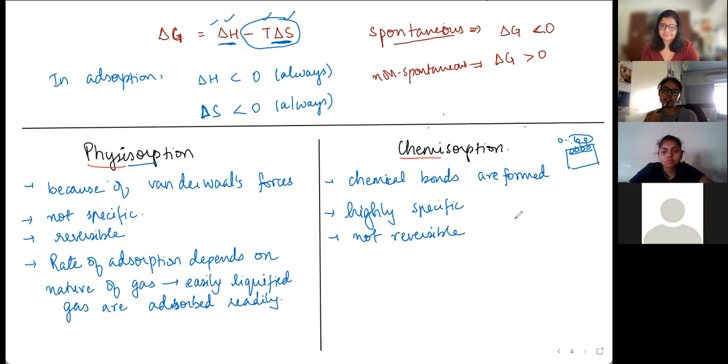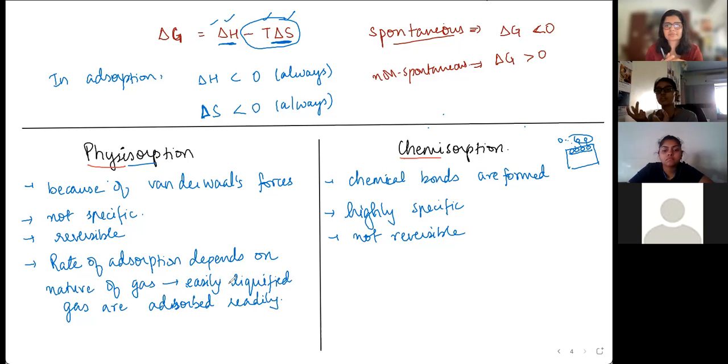So rate of adsorption depends on the nature of the gas. That means if the gas is easily liquefiable, it can easily go from gas to liquid. That means its molecules can come closer together quickly, rather than taking a lot of time.